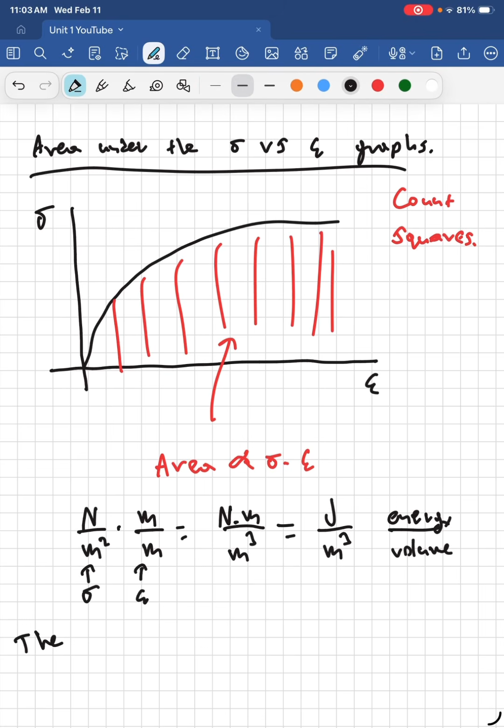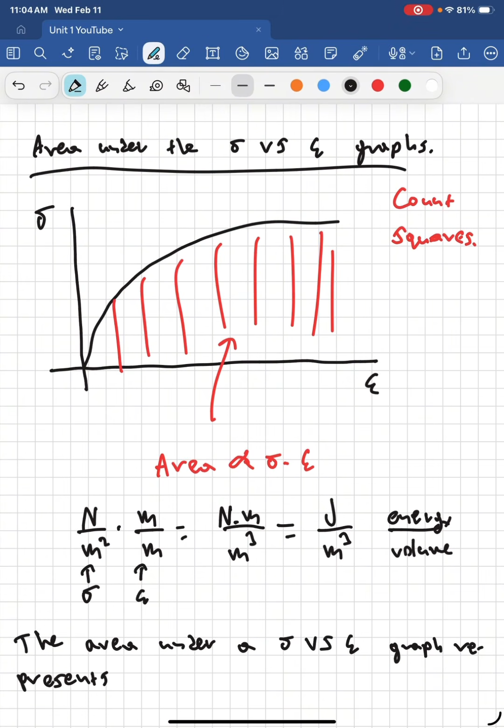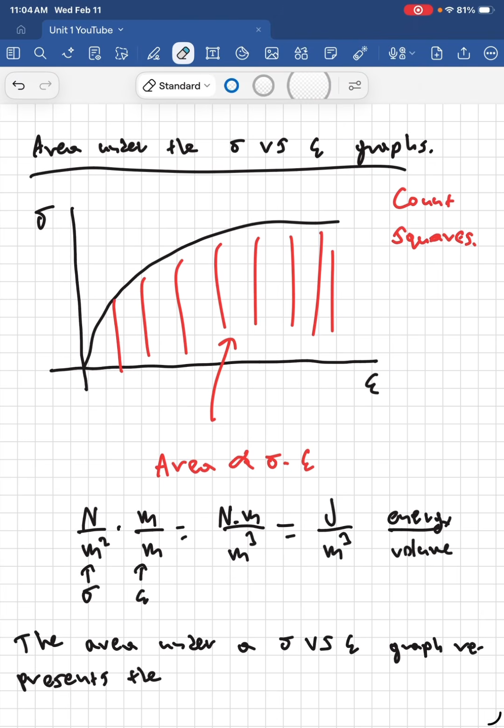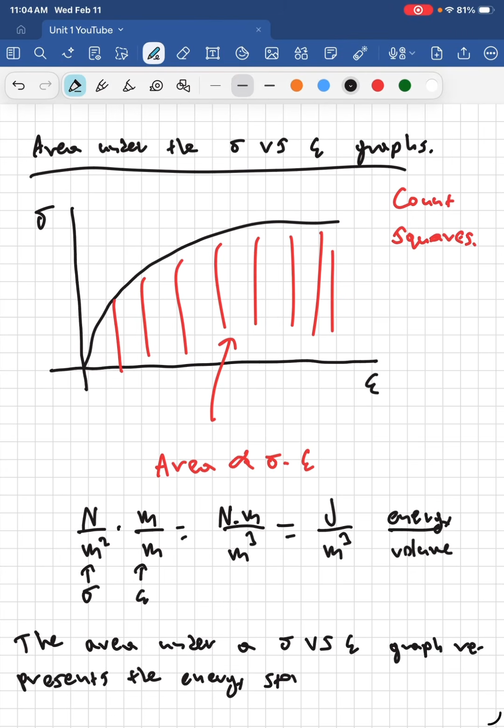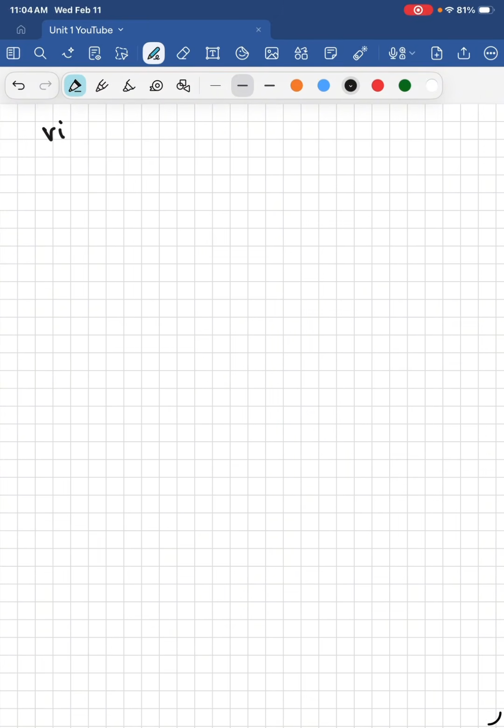So the area under a stress versus strain graph represents the energy stored in a material per unit volume.